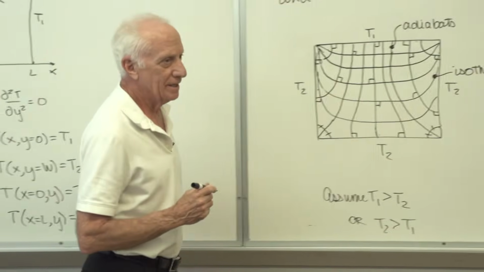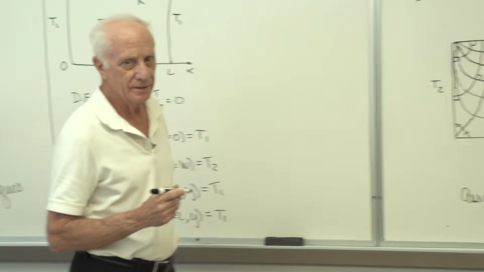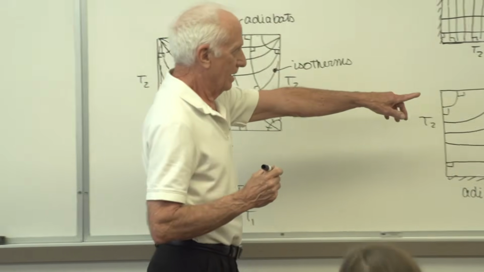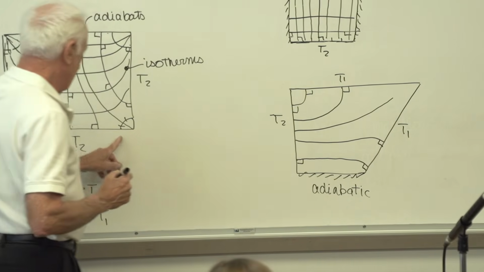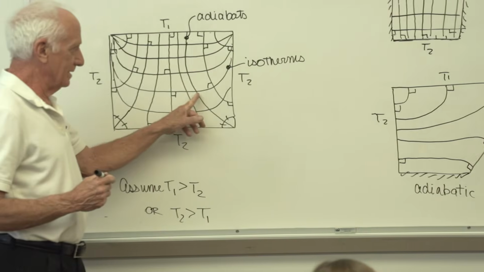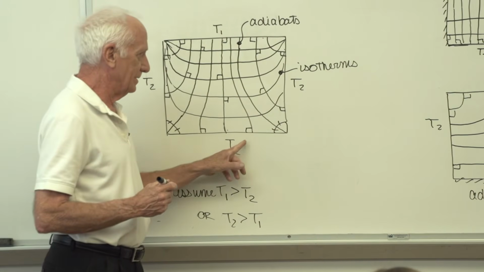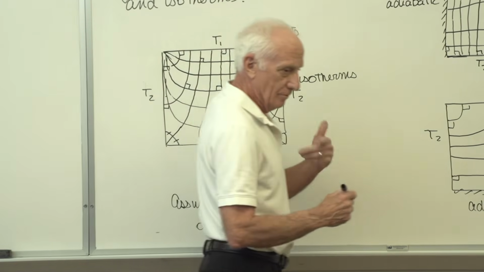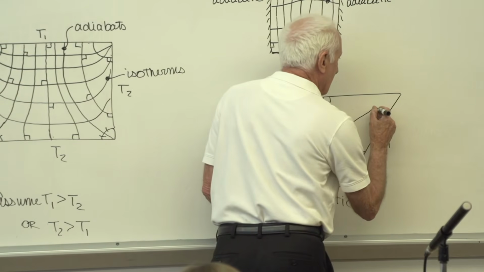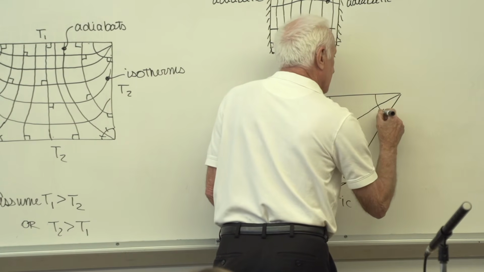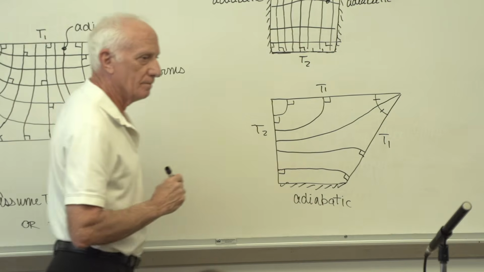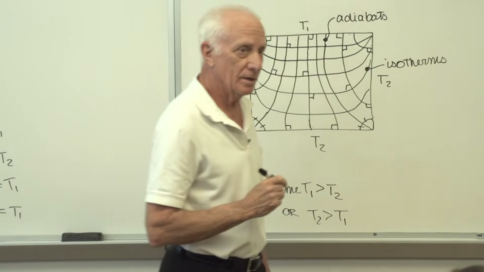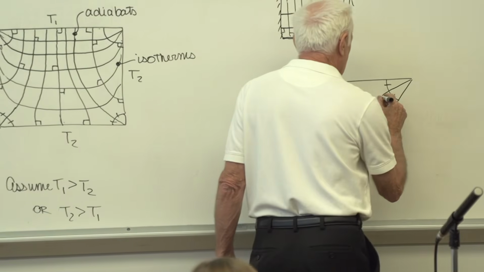I'm approaching an isothermal corner, T1, T1. Down here, I'm approaching an isothermal corner, T2, T2. Guess what it does? The rule says the adiabat bisects the isothermal corner. Okay, there they are. Those are the adiabats.